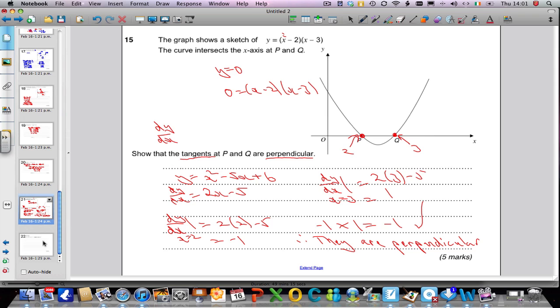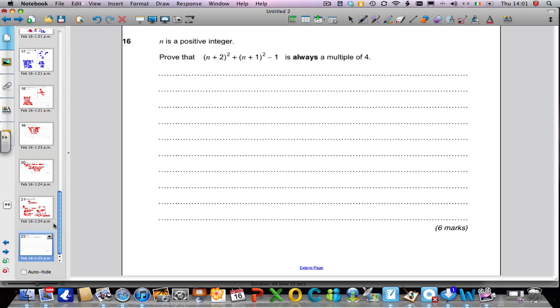All right. And the final question of the paper, we're asked to prove that (n plus 2) squared plus (n plus 1) squared minus 1 is always a multiple of 4. Well, a good start to make with these questions is just to expand your brackets. So (n plus 2) squared is going to give me n squared plus 4n plus 4.